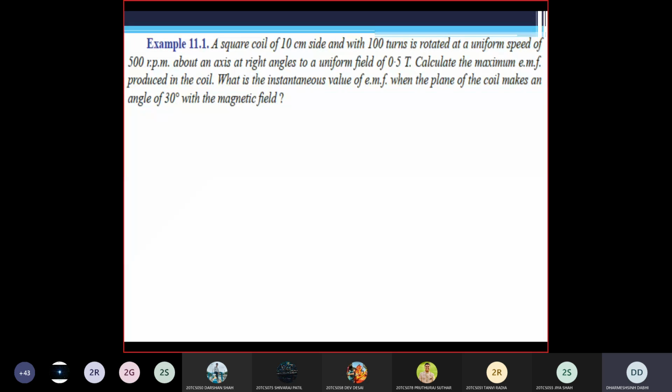Here you find the induced EMF. We already derived the equation of the instantaneous value of induced EMF in the previous slide: V = Vm sin omega t or Vm sin theta. Clear? Apply the same equation here and first find the maximum EMF produced in the coil. Second, find the instantaneous value of EMF when the plane of the coil makes angle theta with the magnetic field lines.